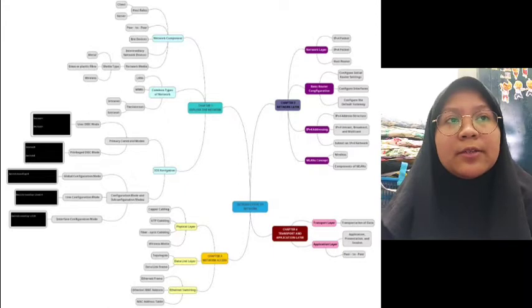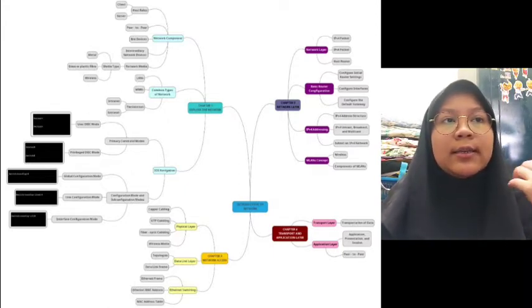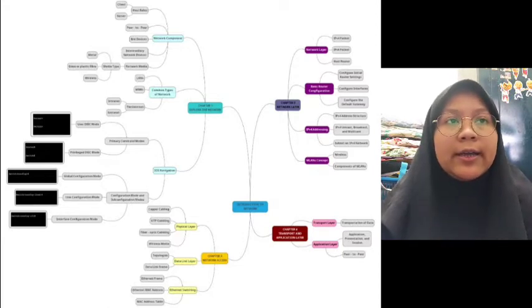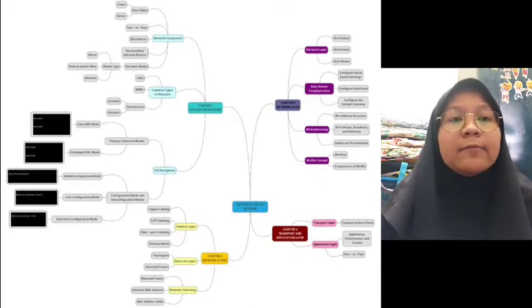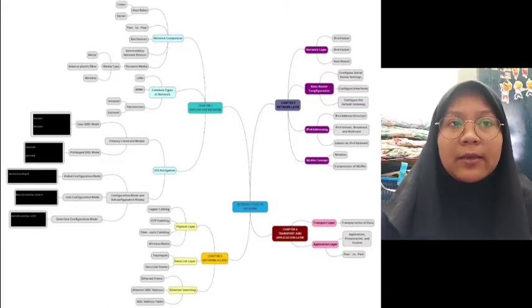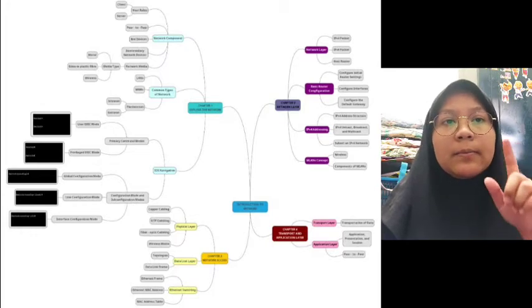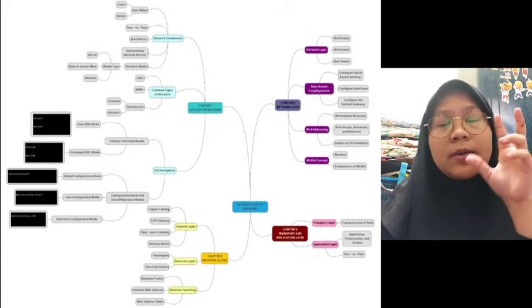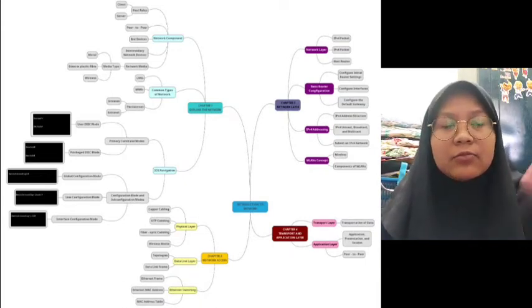Peer-to-peer is when a device can be a client or a server. For example, print sharing with PC1 and file sharing in PC2, where one printer can be a client for PC1 and PC2 and become a server for PC1 and PC2.